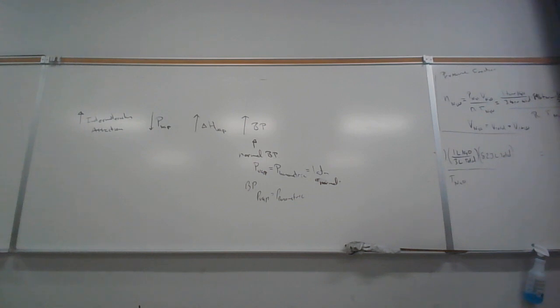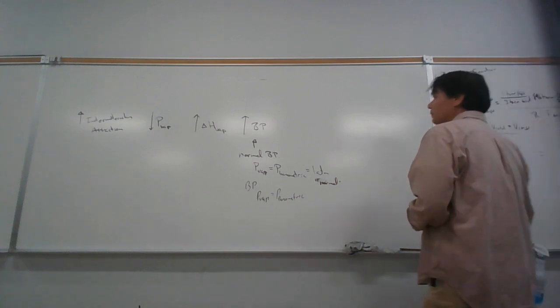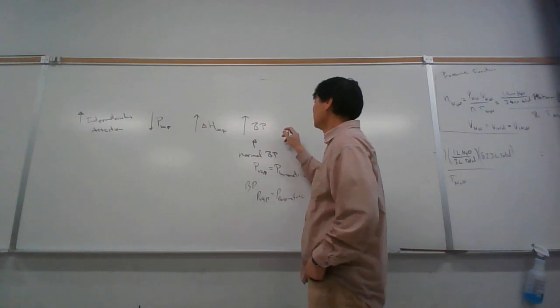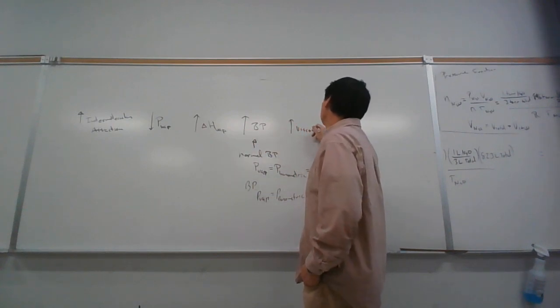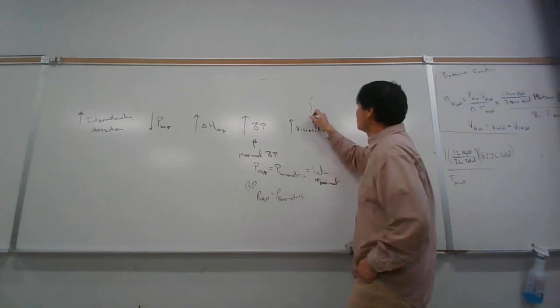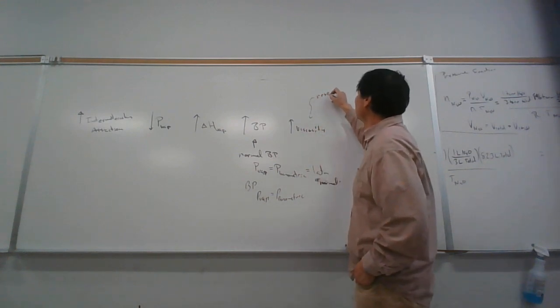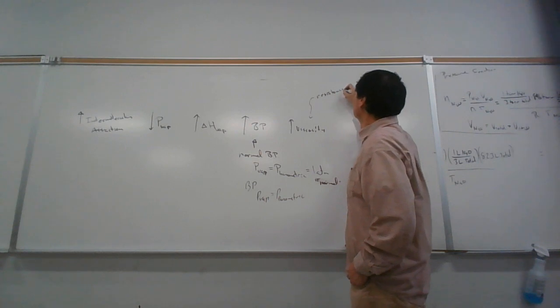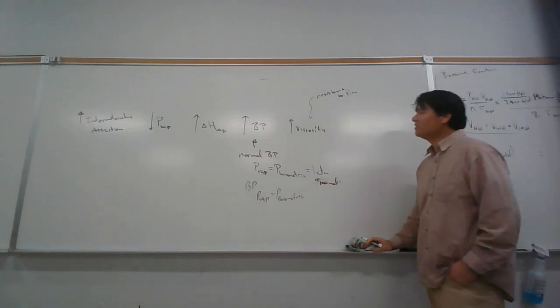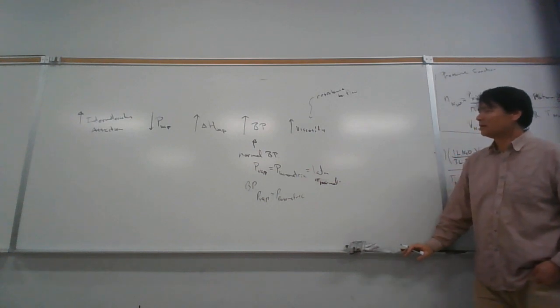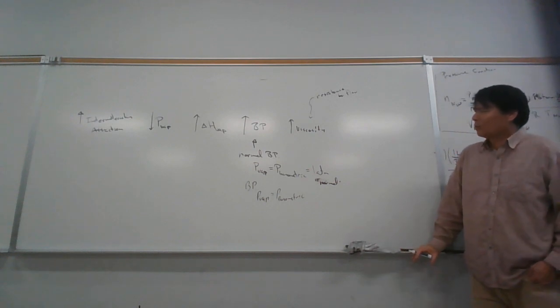Okay, the next property is viscosity. So the stronger the intermolecular attractions, the higher the viscosity. Viscosity is resistance to flow. So if we have high viscosity, it doesn't flow very easily. That is, it's harder to pour.